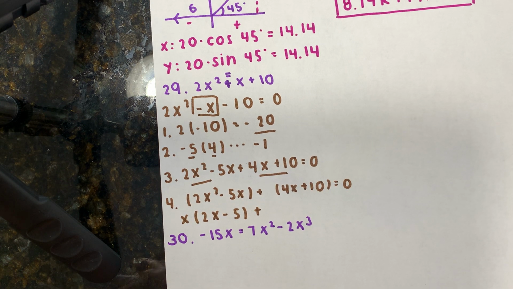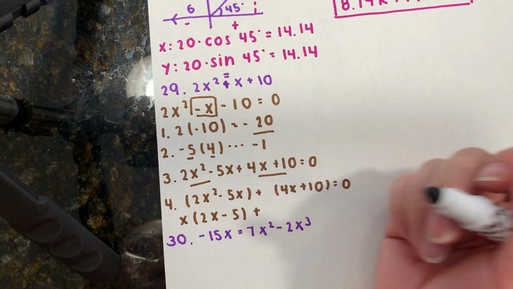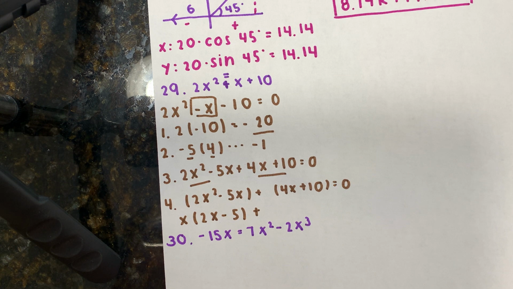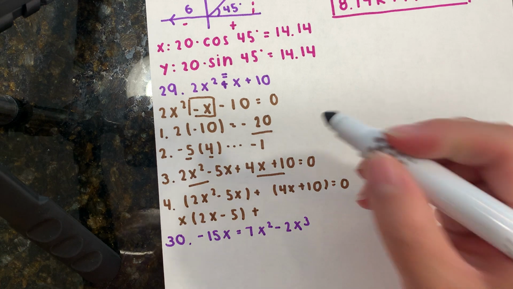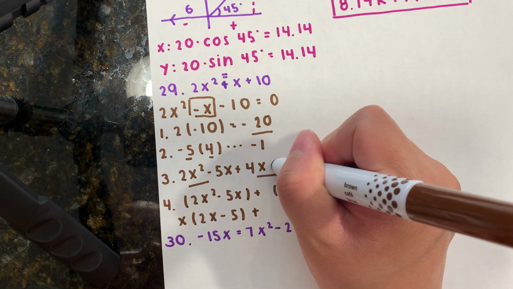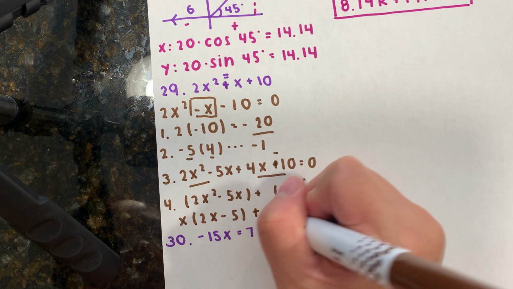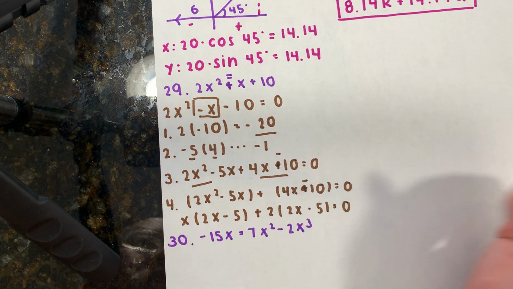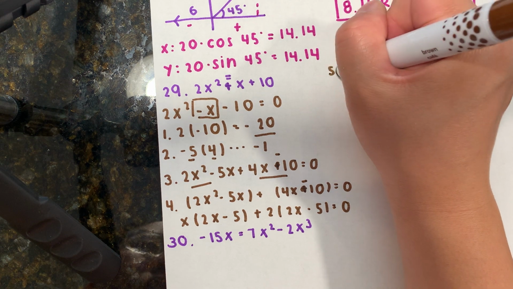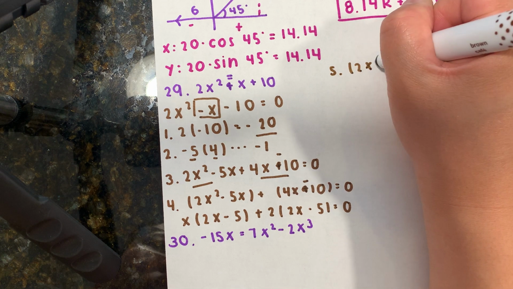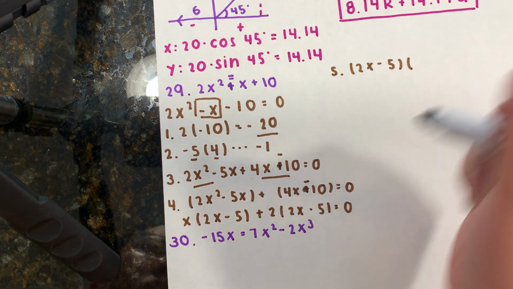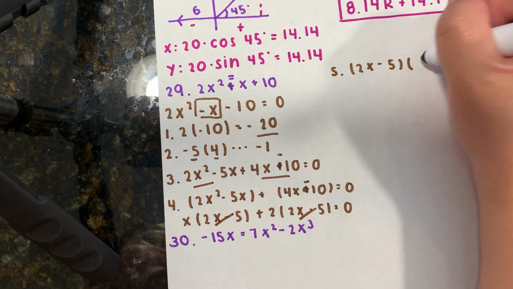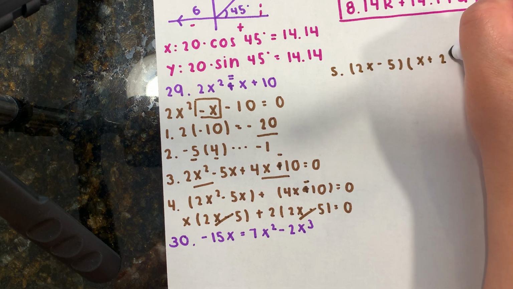Second parenthesis, the only thing you can factor out is going to be, this should be a minus, 2, which would be 2x minus 5 as well. And then you're going to factor out that 2x minus 5, and then your second parenthesis will be what's left over, which would be x plus 2.